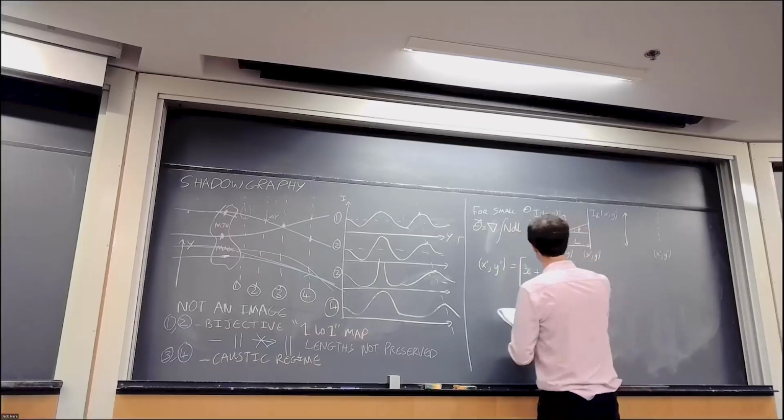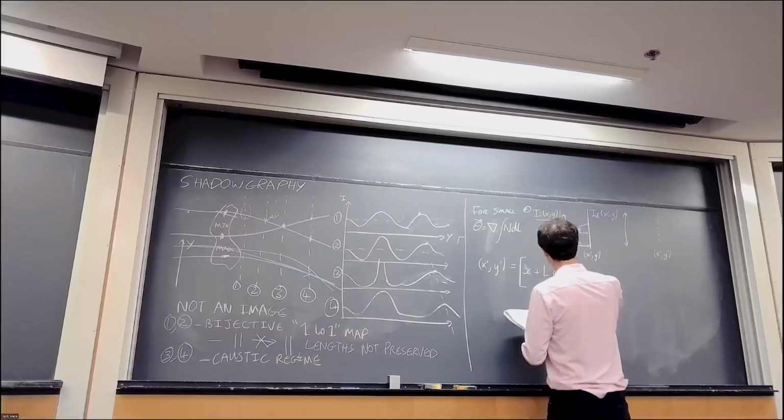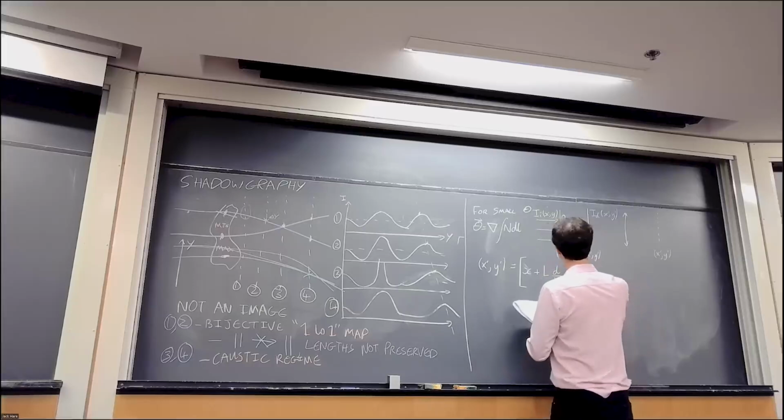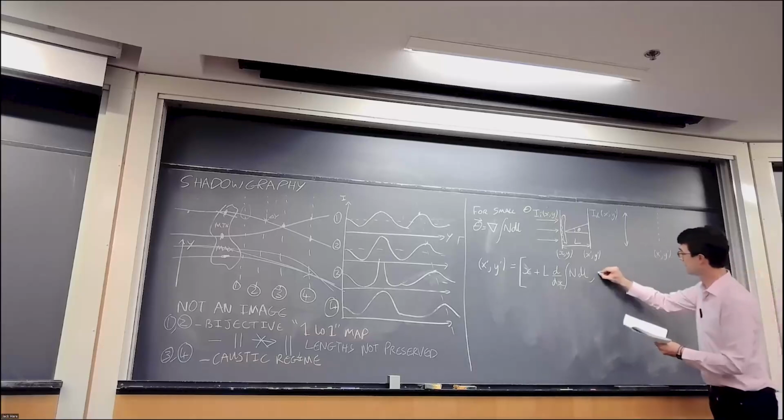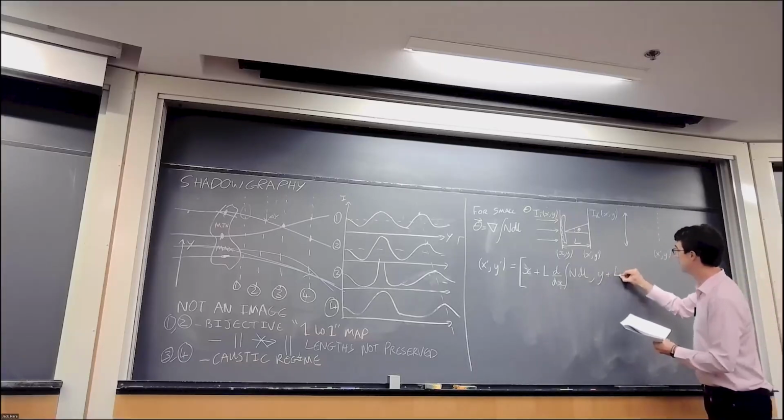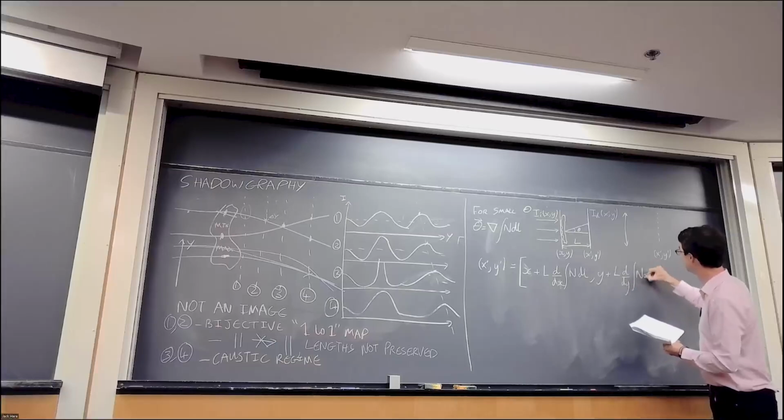So this is going to be L d/dx of the integral of n dl. And the coordinate in y is going to be y plus L times d/dy of the integral of n dl.